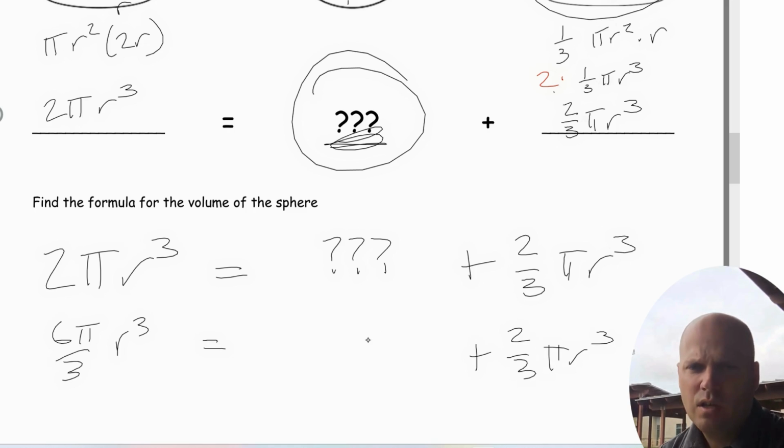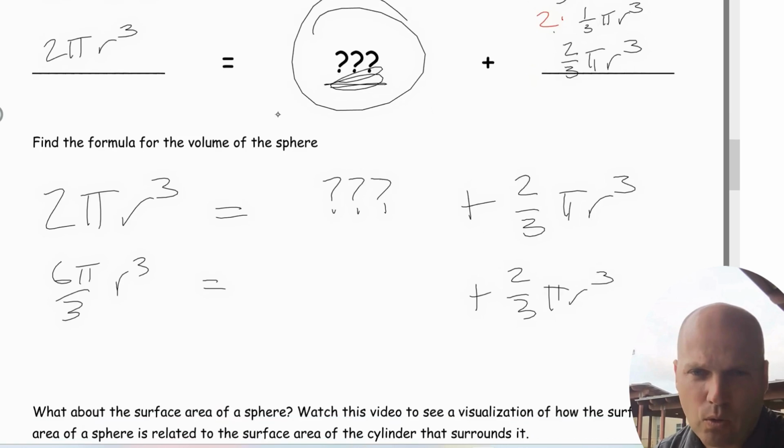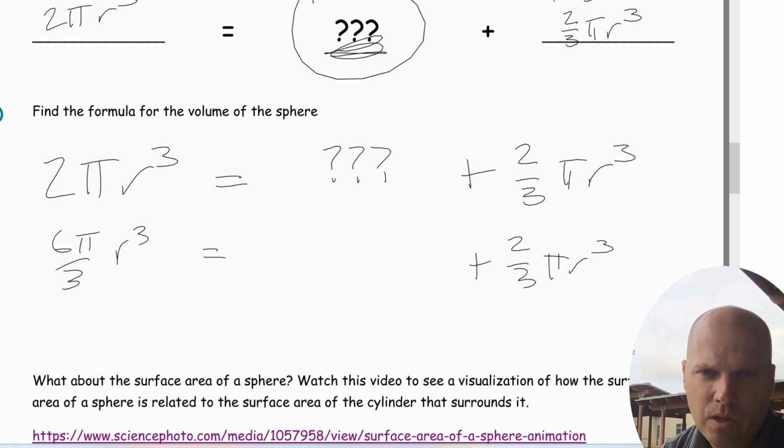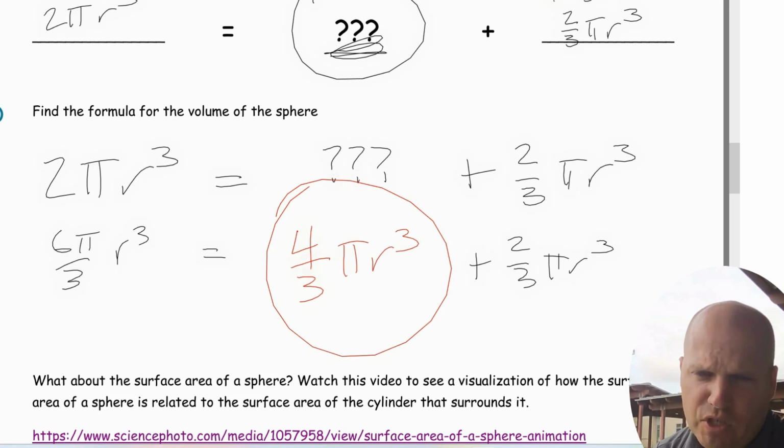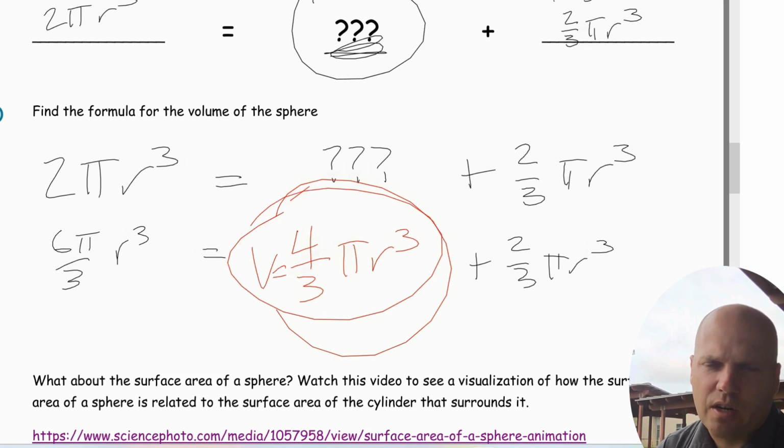You could actually use algebra and subtract, or you could realize, oh, this has to be 4/3 pi r cubed. My friends, this is the formula for the volume of a sphere. In other classes, probably in middle school, you're just told this is what it is.